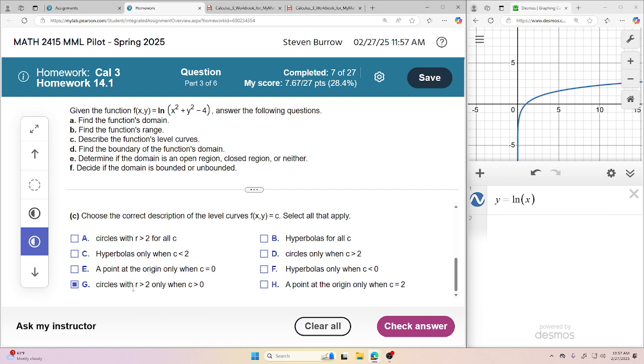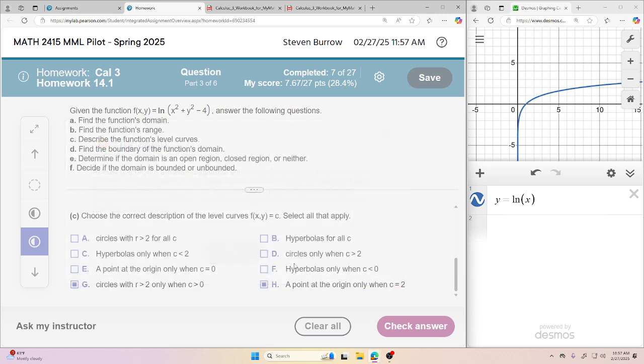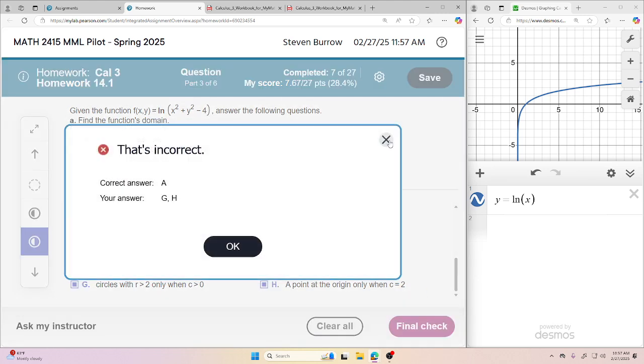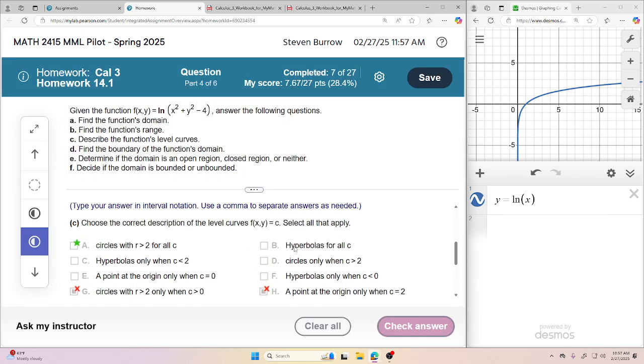It's not hyperbolas. Point at the origin only when this. So if I had the whole thing equal to 0, I don't think you can even make it equal to 0. I don't like that one. A point at the origin only when C is 2. Maybe that. At least one of your answers is wrong. What? Just A?